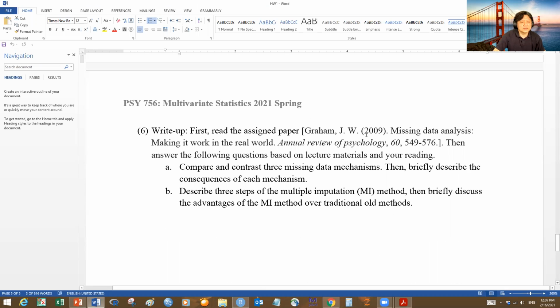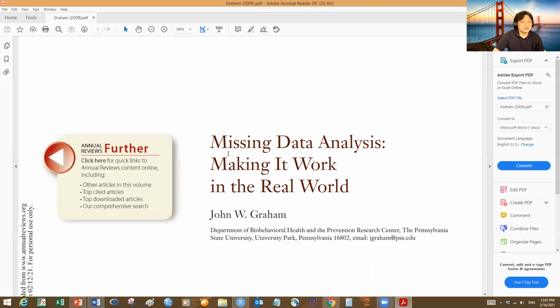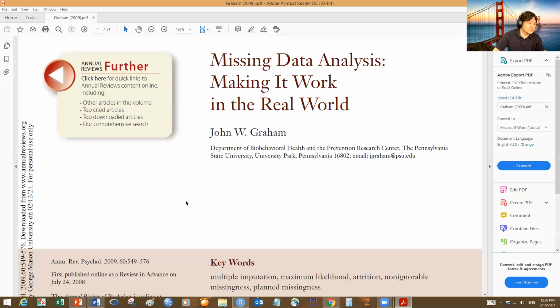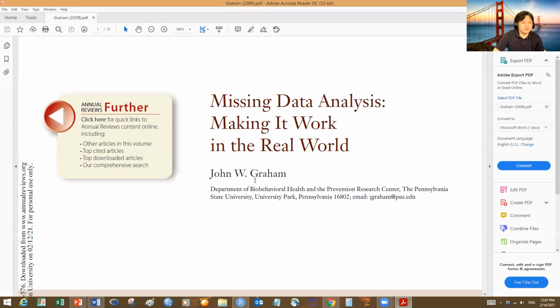Then this is the last question. First, you need to read this assigned paper. I posted it. This is from the Annual Review of Psychology, 2007 or something. I think this paper is a really good summary paper on missing data analysis.